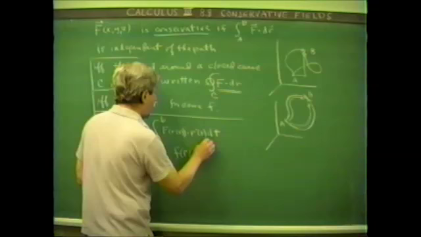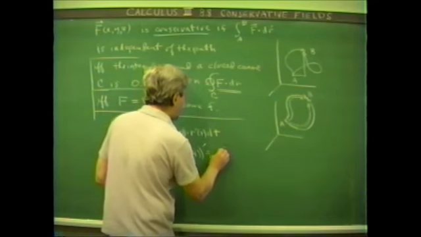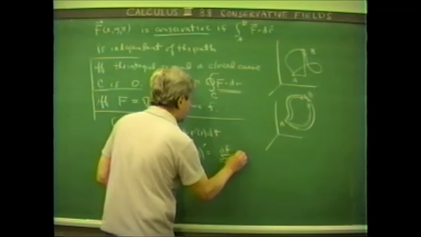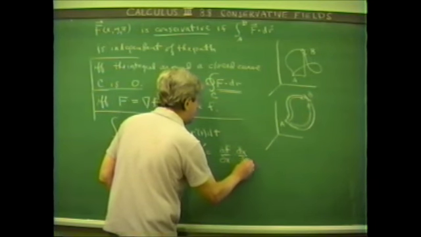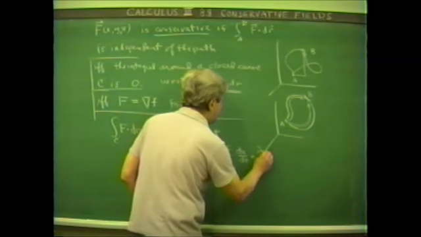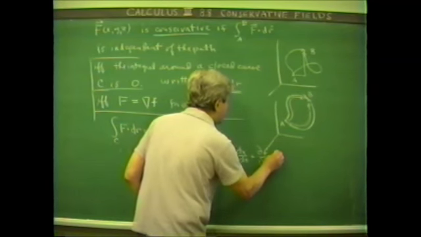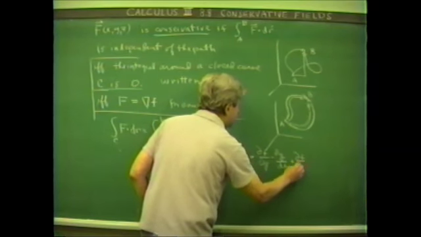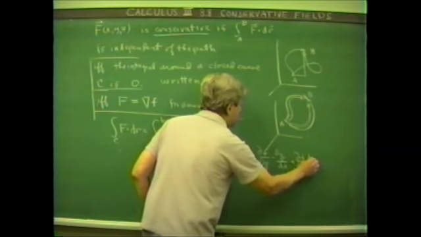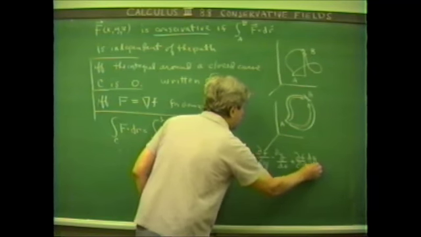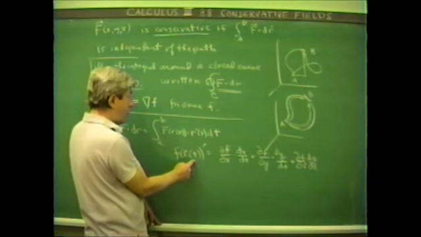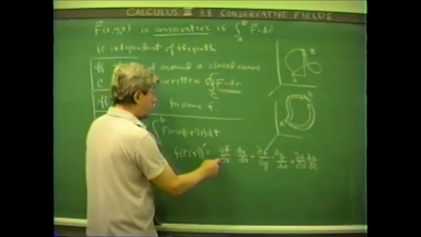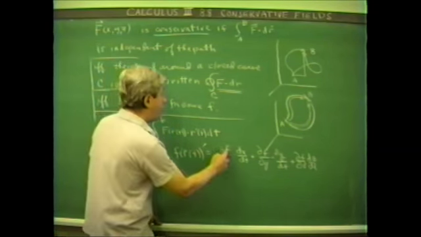The derivative of little f of r of t by the chain rule is the partial of f with respect to x times the derivative of x with respect to t, plus the partial of f with respect to y times the derivative of y with respect to t, plus the partial of f with respect to z times the derivative of z with respect to t, where r of t is given by x of t i, y of t j, plus z of t k, and little f is given by f of x, y, and z.